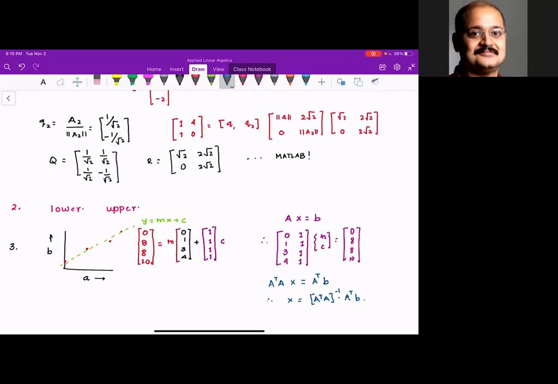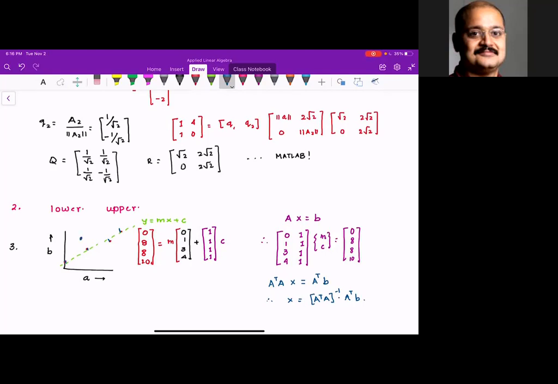Now, how do you find out the error? To find the error, you need to find out the projections. So to find out the error, you have to find out the projection. I'll try to show you.